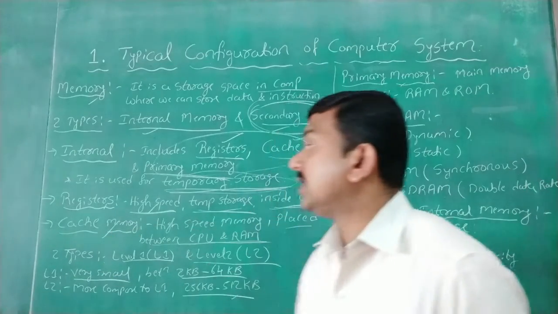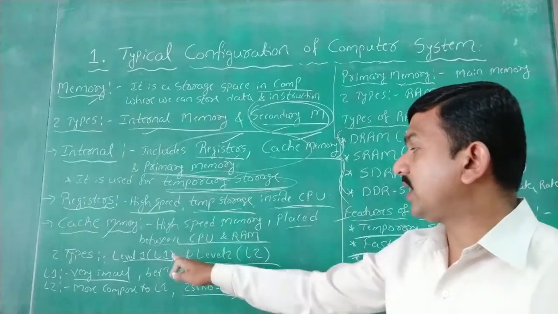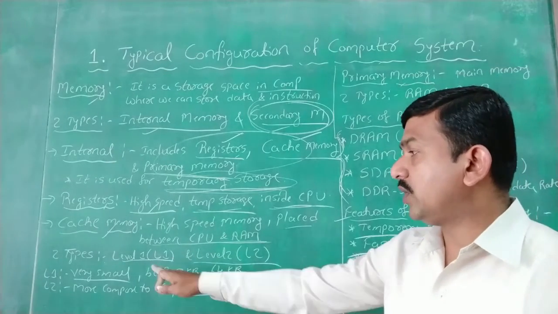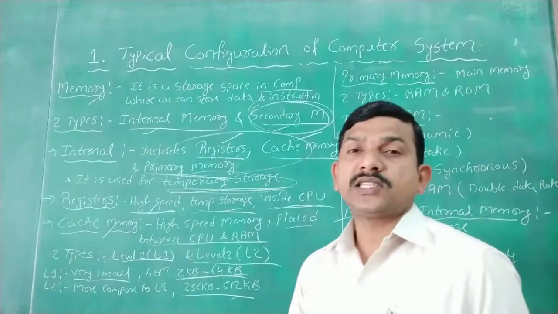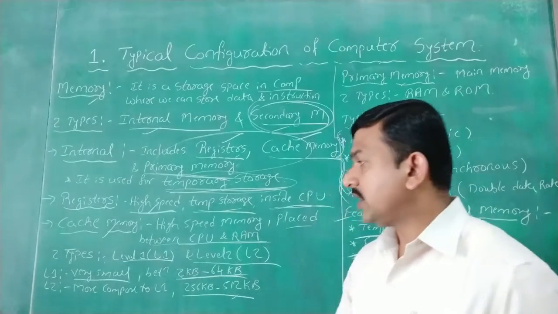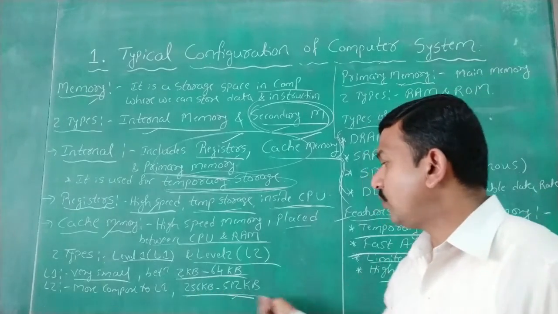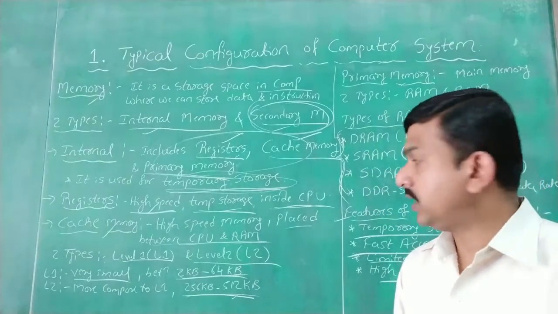There are two types of cache, L1 and L2. L1 cache is very small, between 2 KB and around 64 KB. L2 cache holds around 256 KB to 512 KB.